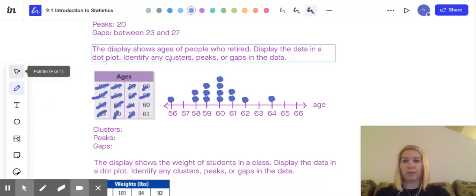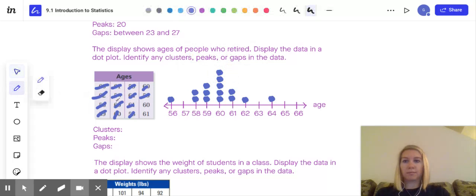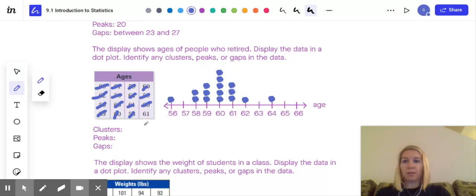Oh, and another 60. And 61. Okay, so we've now plotted all of the ages.